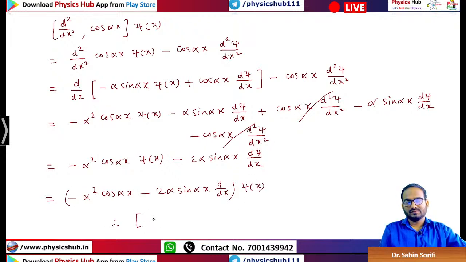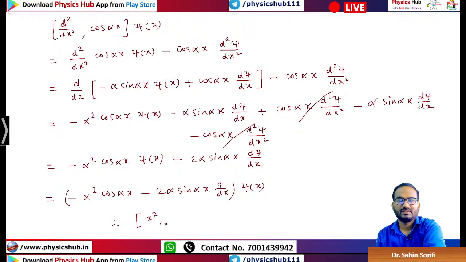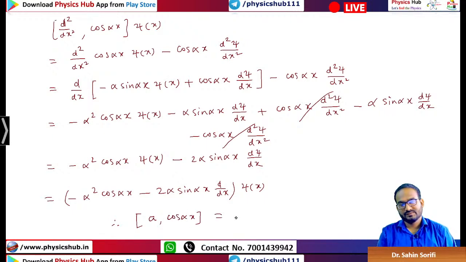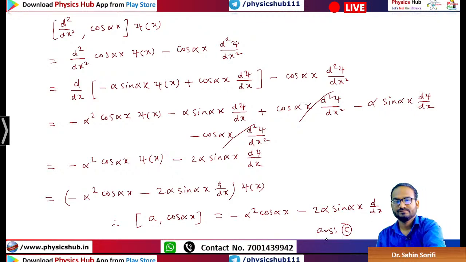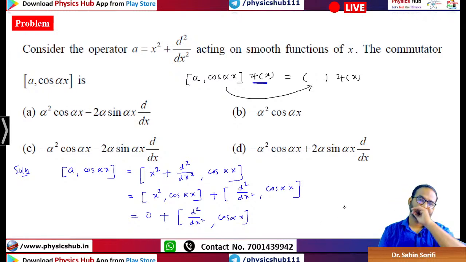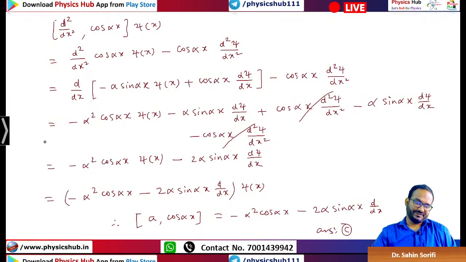So this is, sorry, a cos alpha x operator becomes minus alpha square cos alpha x minus 2 alpha sin alpha x d dx, and that is matching with option C. Is it crystal clear, guys? Tell me.